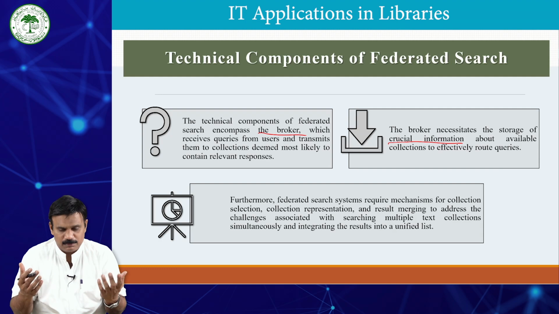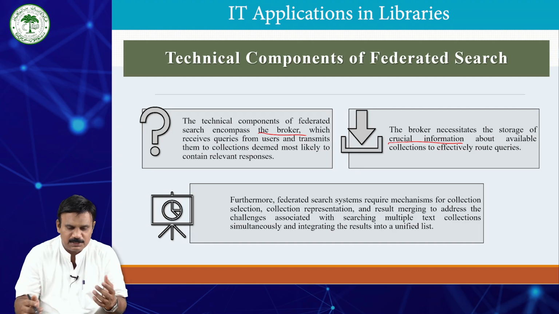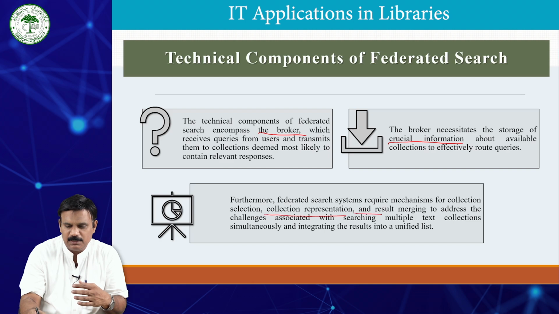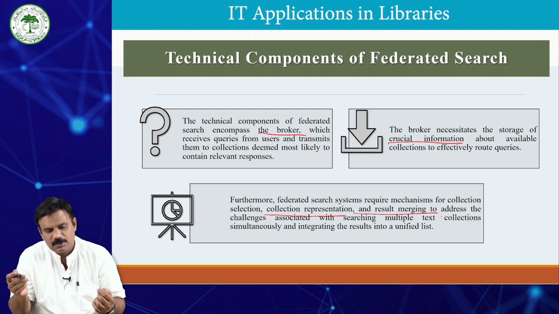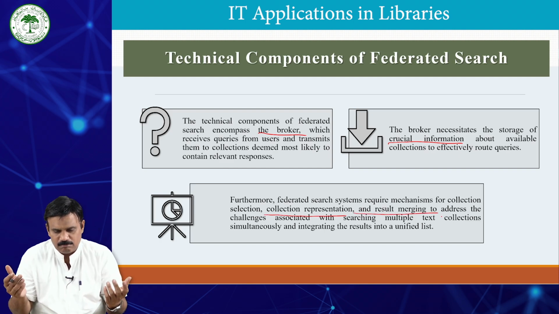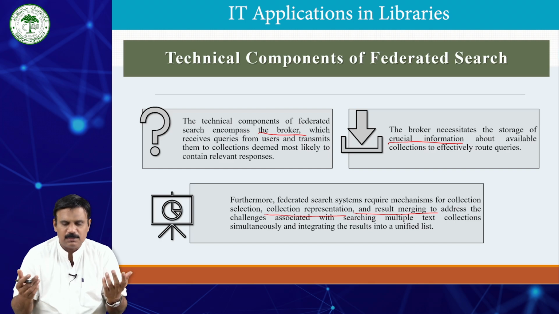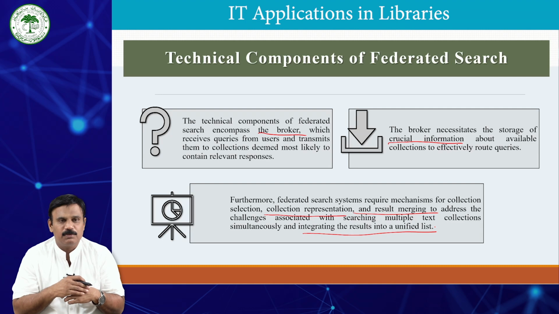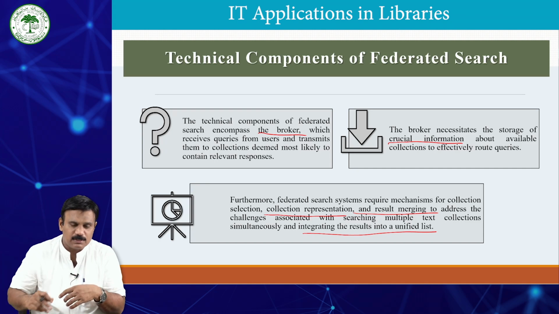Furthermore, a federated search system has mechanisms for collection selection, collection representation, result merging, and providing the result in a unified list. So these are the various components available in federated search.